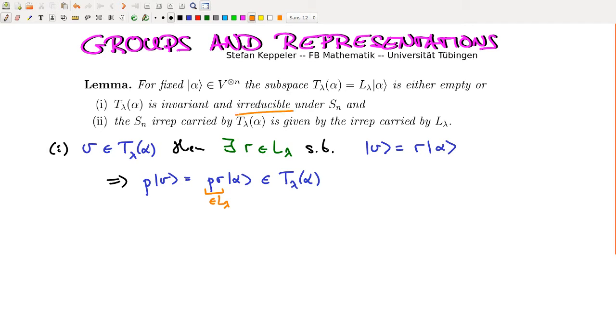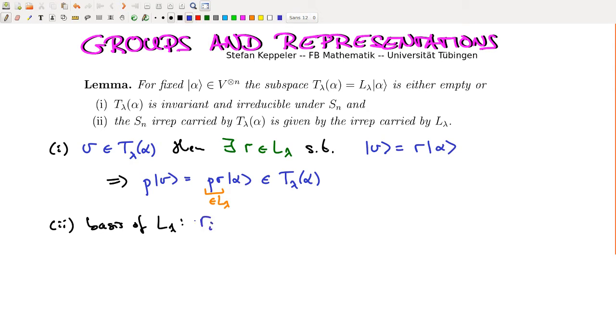Now, what about irreducibility? We will first show property 2, and that will automatically prove irreducibility. So in 2 we claim that this T lambda alpha carries the same representation as L lambda. How can we see that? Let's say we choose a basis of L lambda.